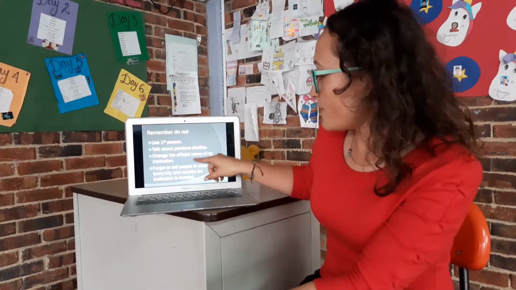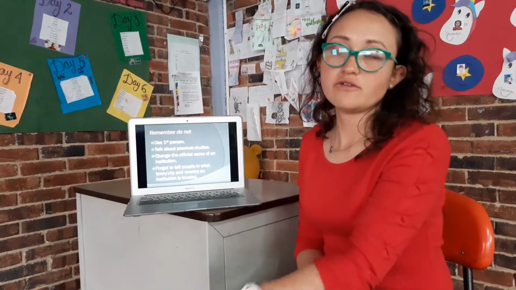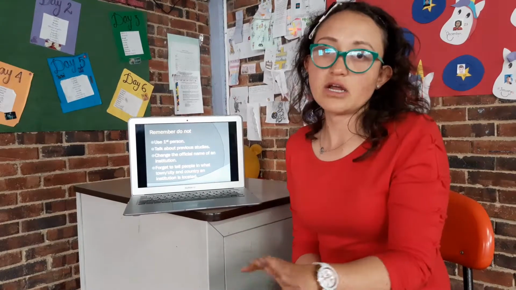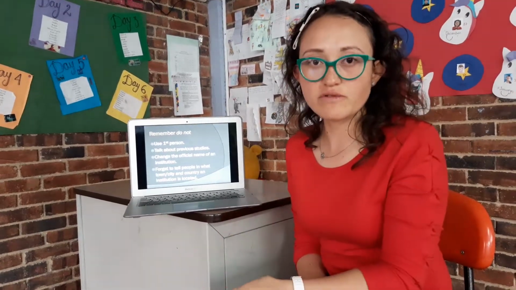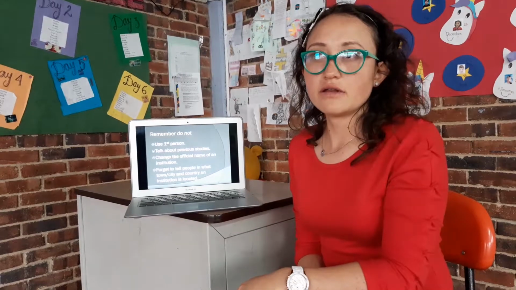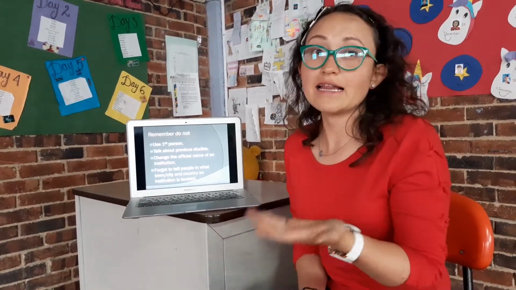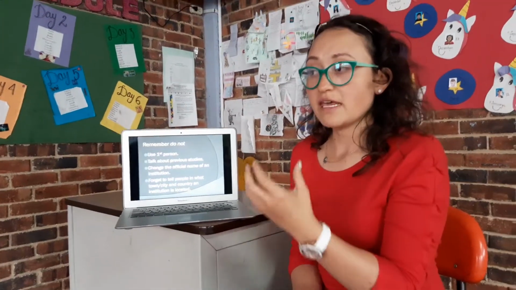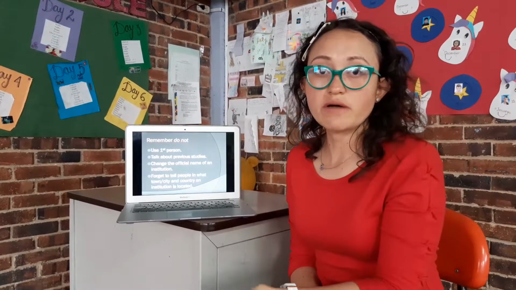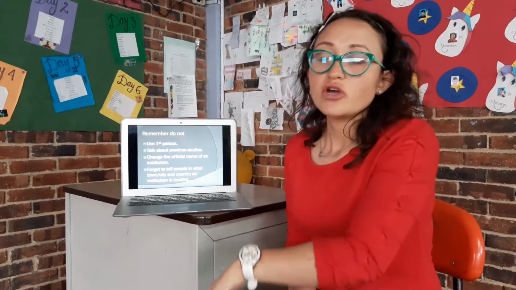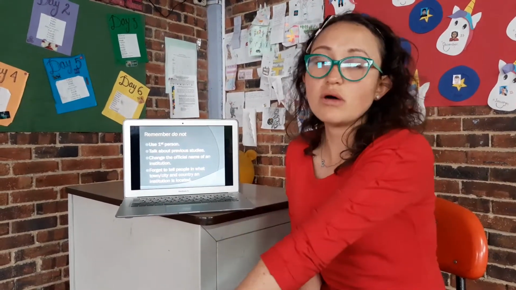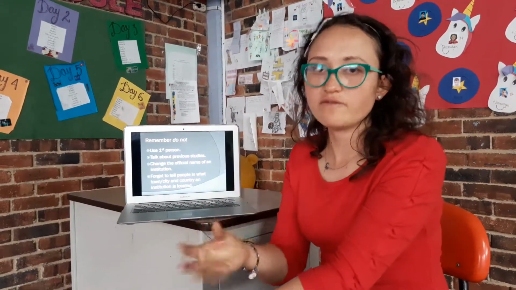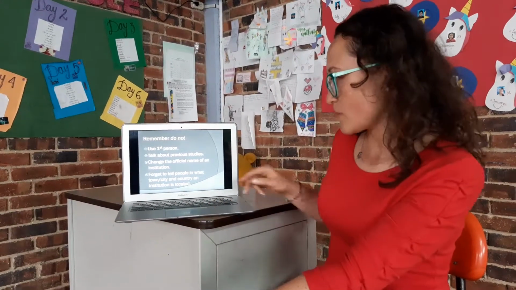You can't change the official name of an institution. For example, Universidad de La Sabana. We can't say, for example, La Sabana University, because that's not the official name of the place, and it's like illegal, I would say, to change that kind of names. So take into account that if you are not sure about the name of an institution, you can ask someone who knows about that, in order to write the correct and official name of the institution you are going to mention.